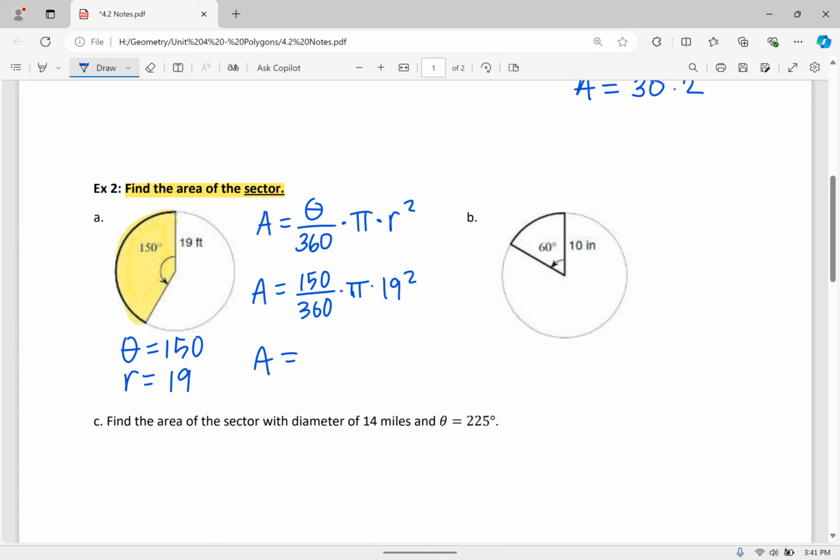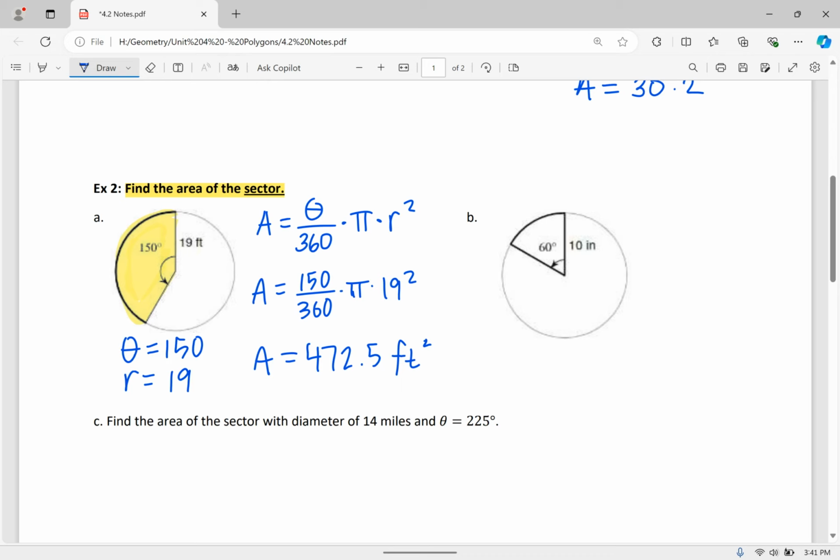So the area of that section is 472.5. Now, we didn't talk about this before, but when we find the area, we want to label it if it has a label. And when we are finding the area, it is in a squared format. So it'll be 472.5 feet squared.